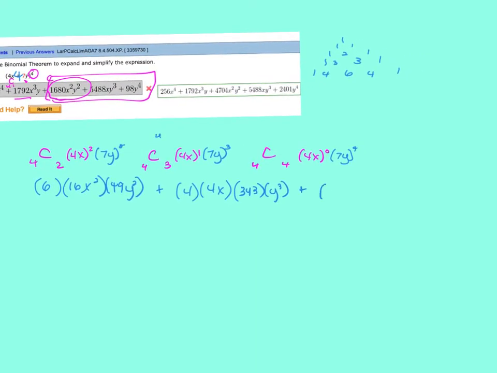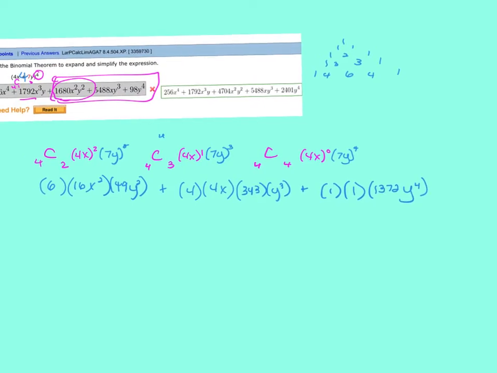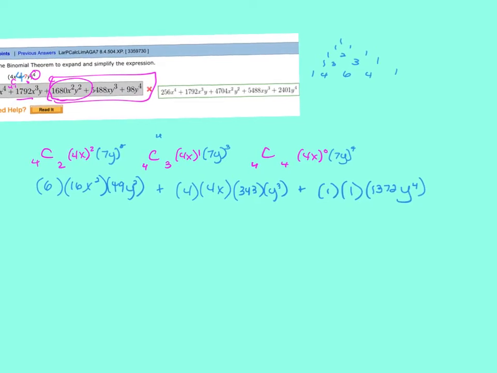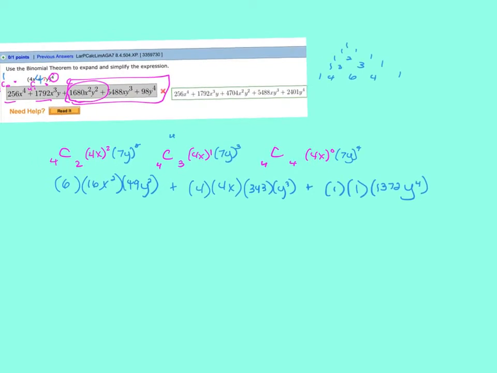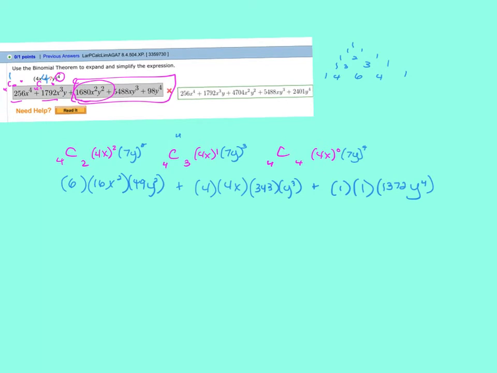And then C(4,4) is 1. 4x to the 0 is 1. 7 to the fourth is 1372. y to the fourth. So then I'd get, wait, did I do something wrong?